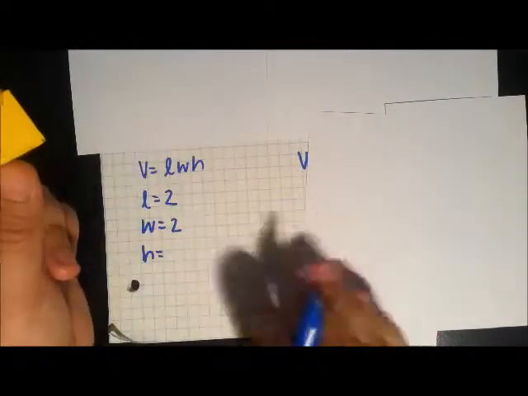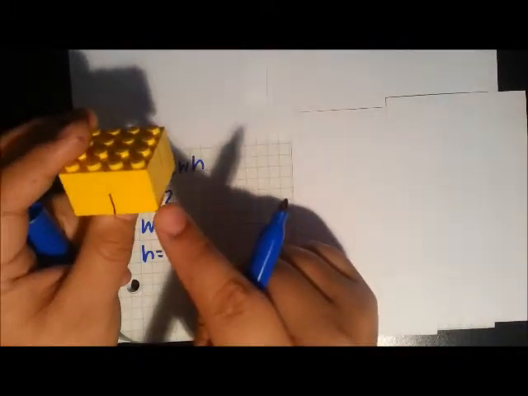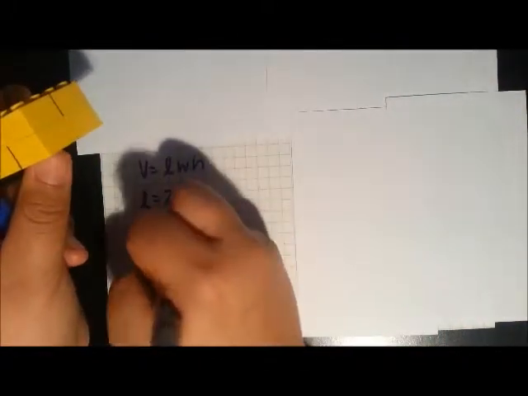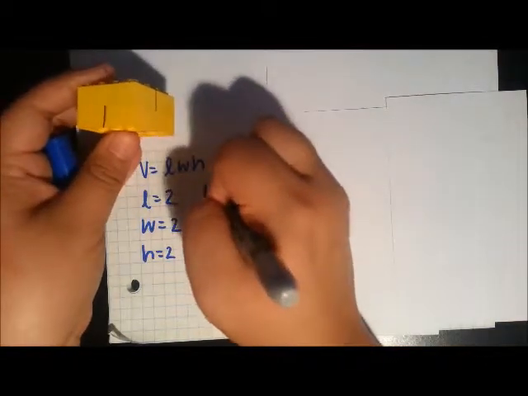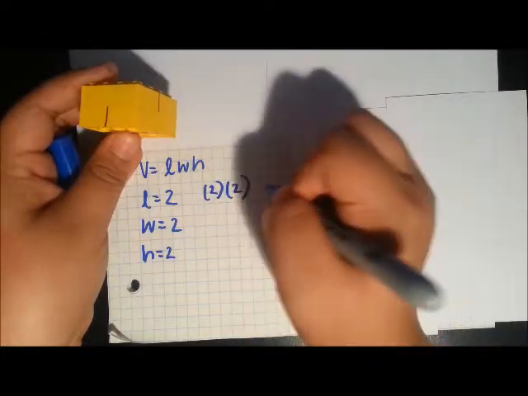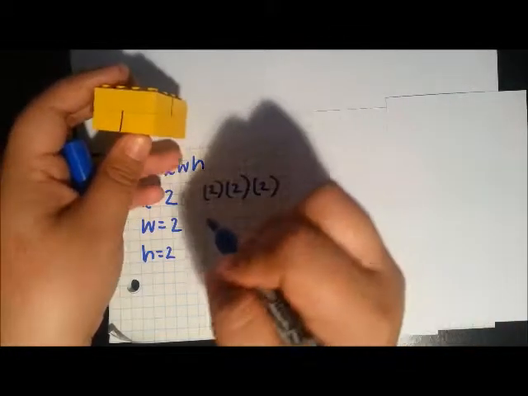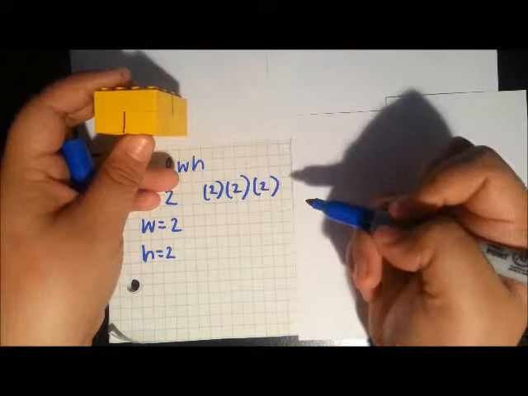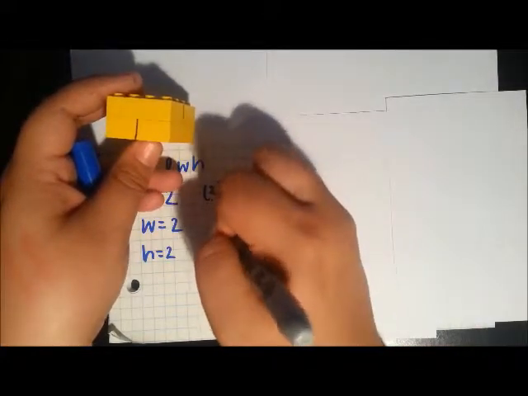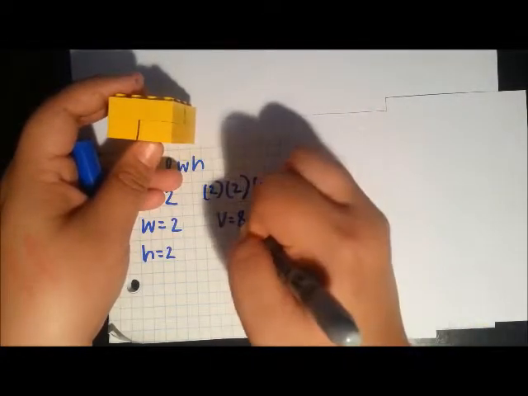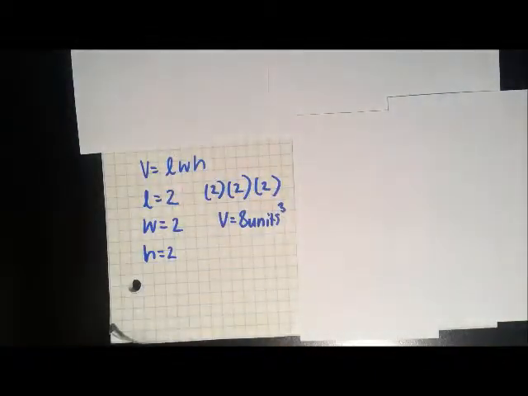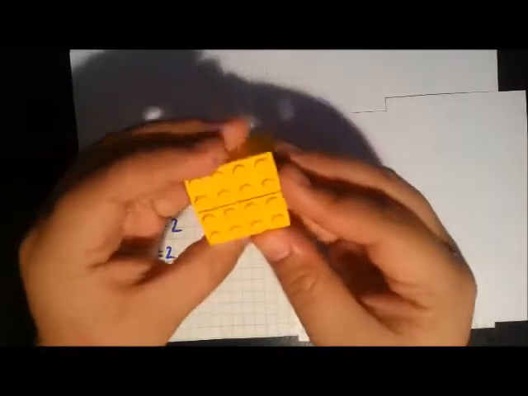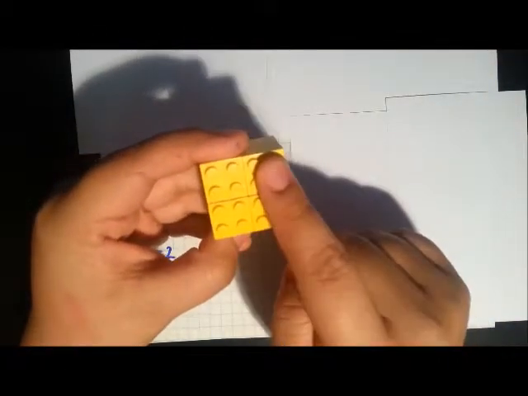And the height is equal to 1, 2. So if we're multiplying these three together, 2 times 2 is 4, times 2 is 8. So volume is equal to 8 units cubed.